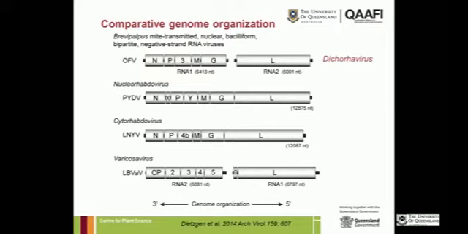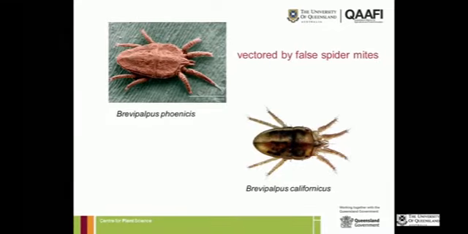So there's a group closely related to the nuclear Rhabdoviruses. And these viruses, the dichorhaviruses, are not transmitted by aphids, plant or leafhoppers. They are vectored by false spider mites of the genus Brevipalpus.